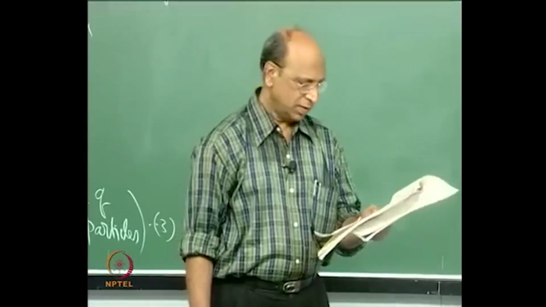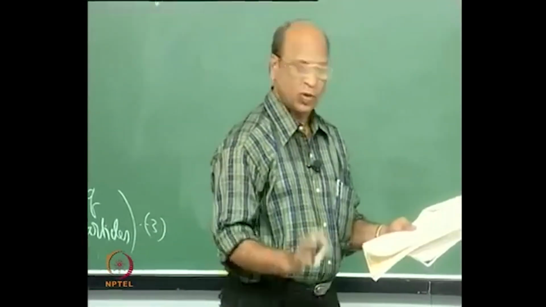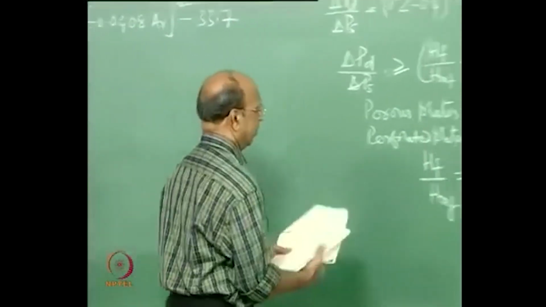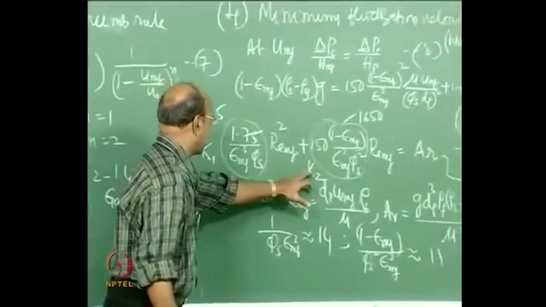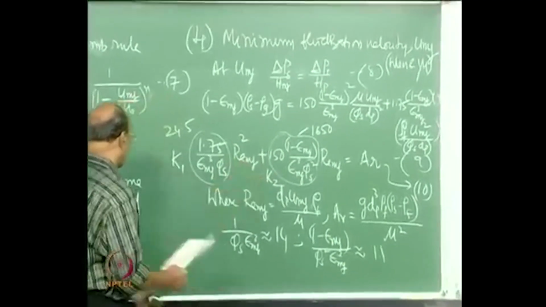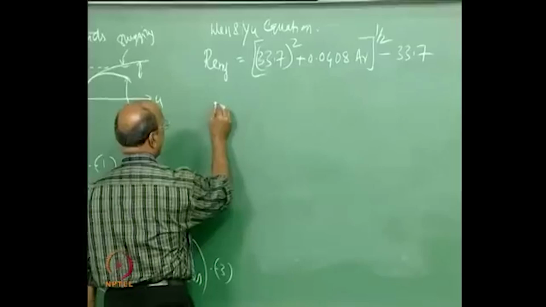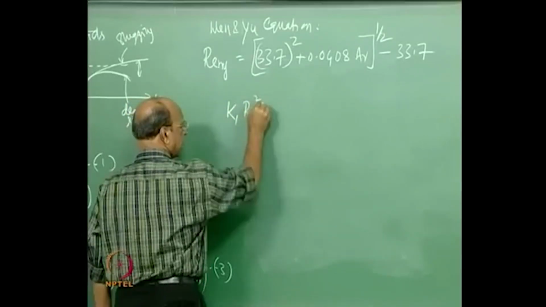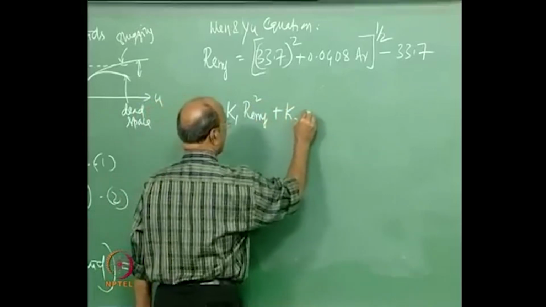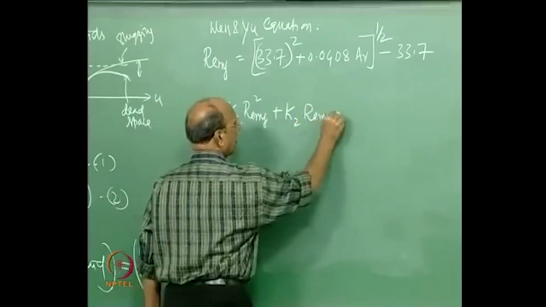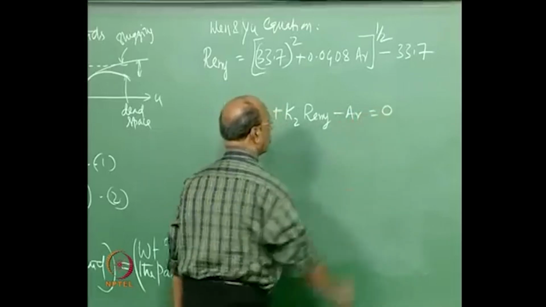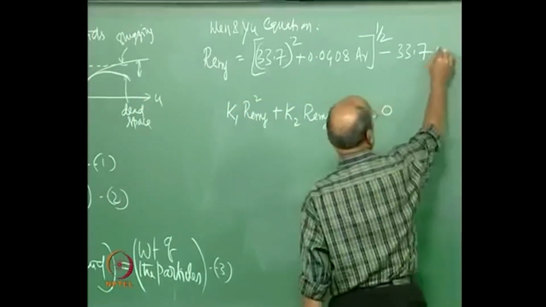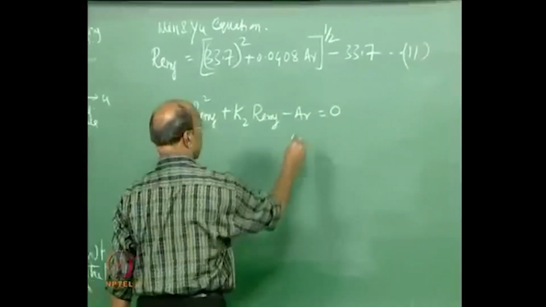The corresponding equation in terms of k1 and k2 is k1 RMF square plus k2 RMF minus Ar equal to 0. This is equation number 12.